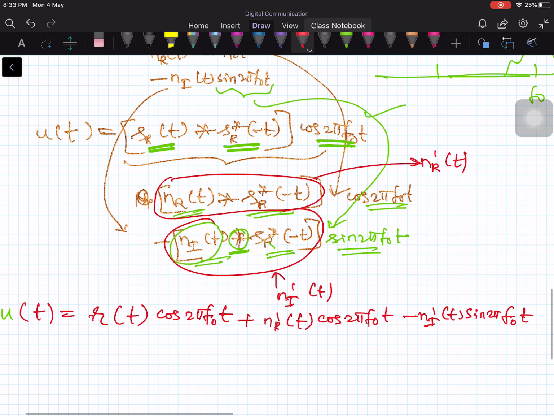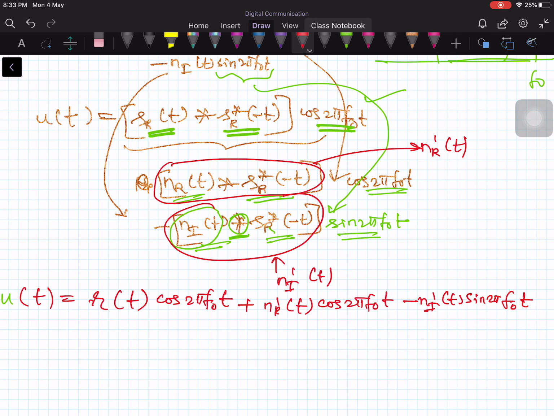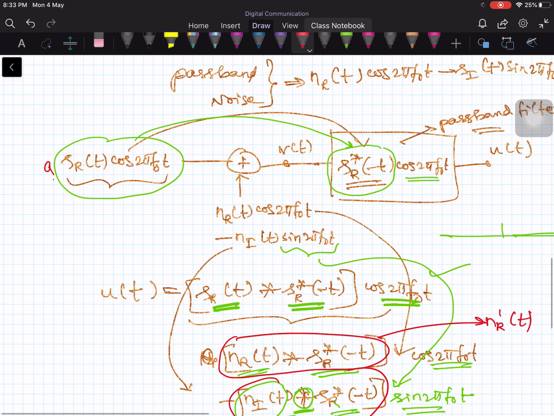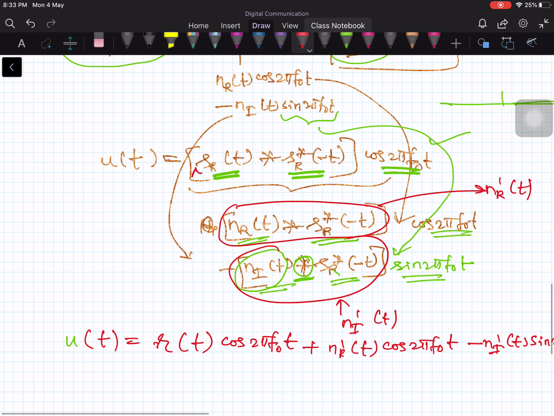So this is my received pulse, and of course it is coming with some signal component. Let's say this A sub L indicates whether positive or negative, because A sub L equals 1 for bit 1 and minus 1 for bit 0. Therefore A sub L is coming here also.